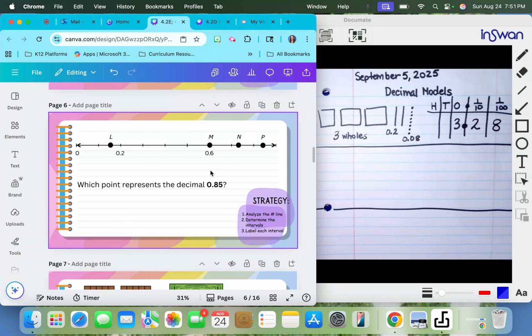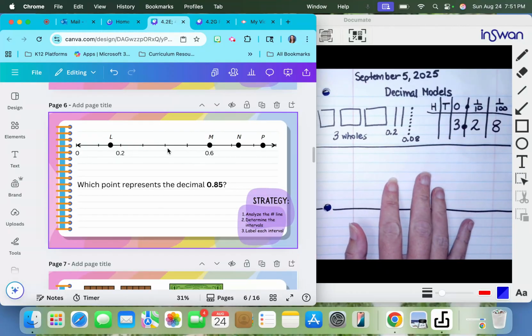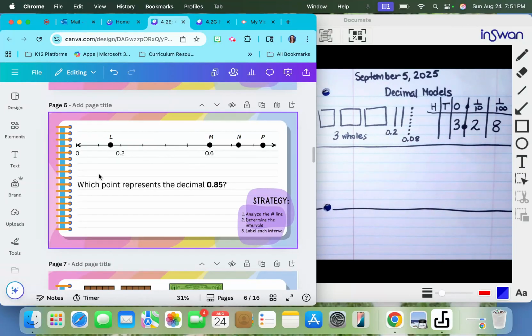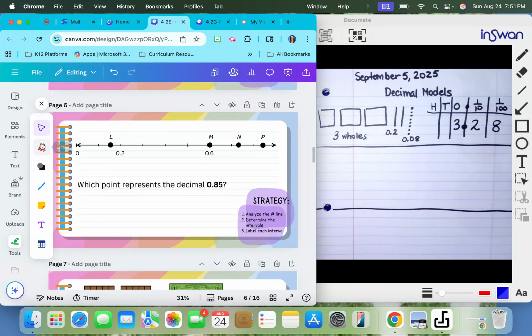Now that we know what our intervals are, we want to label each interval. For this strategy, we would do it right on our question using an annotation tool, or you could draw it in your math journal if you're more comfortable with that. I'm going to show my work this time on my number line screen. So I want to label each interval.